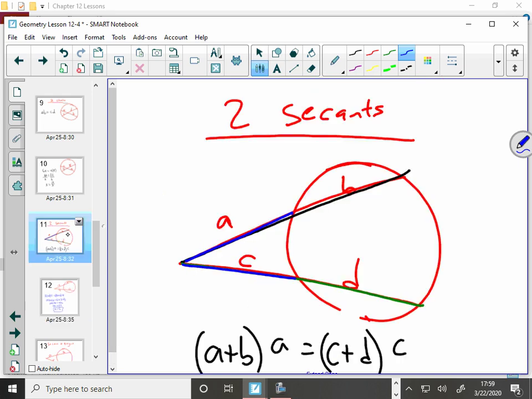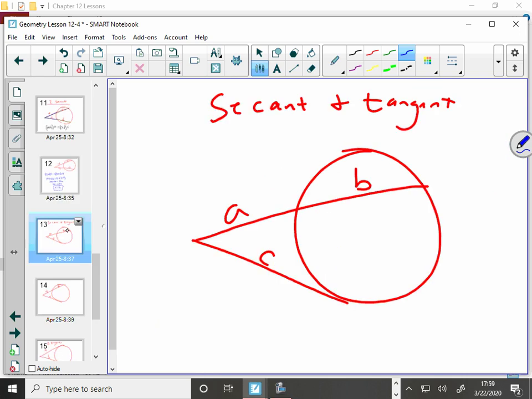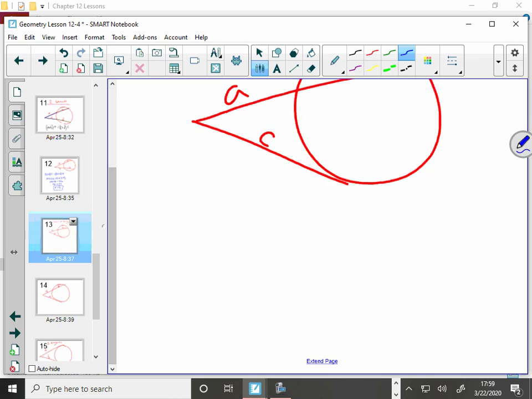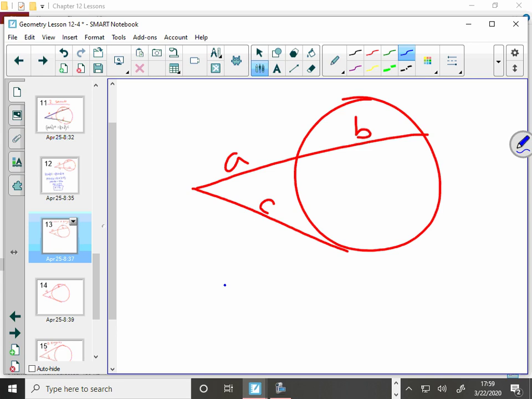There's two secants. Now we have a secant and a tangent. Now you really do this the exact same way, except with the tangent you only have one segment instead of two. With the secant, you go the whole segment, a plus b, times the outside part, which is a, equals the tangent segment c times the outside part, which is c, so you just square it.